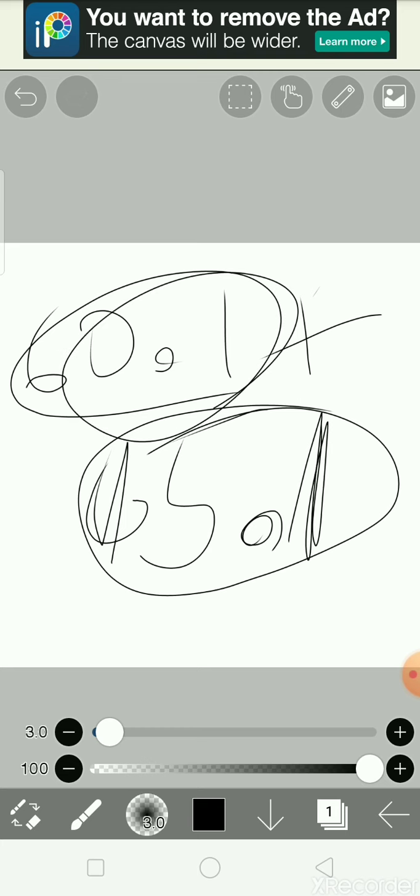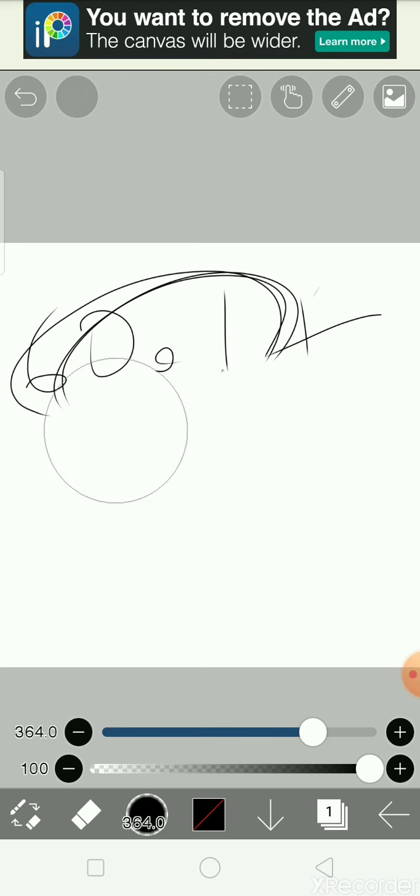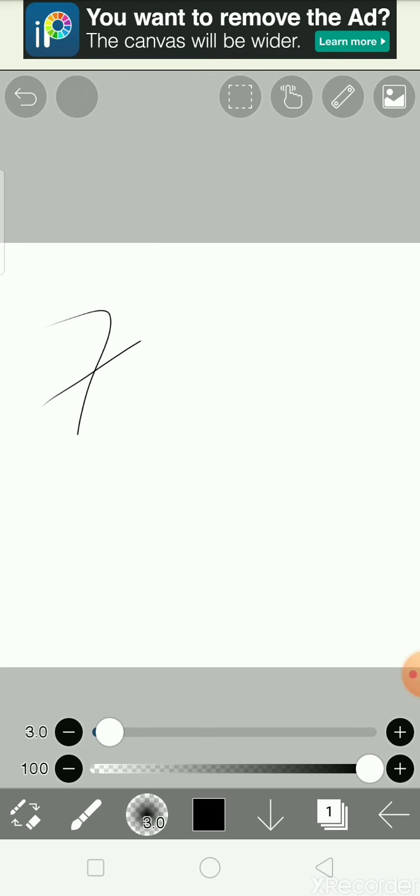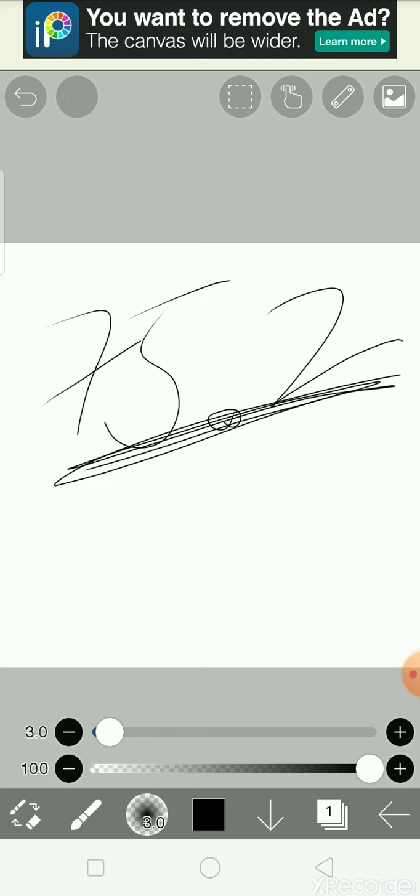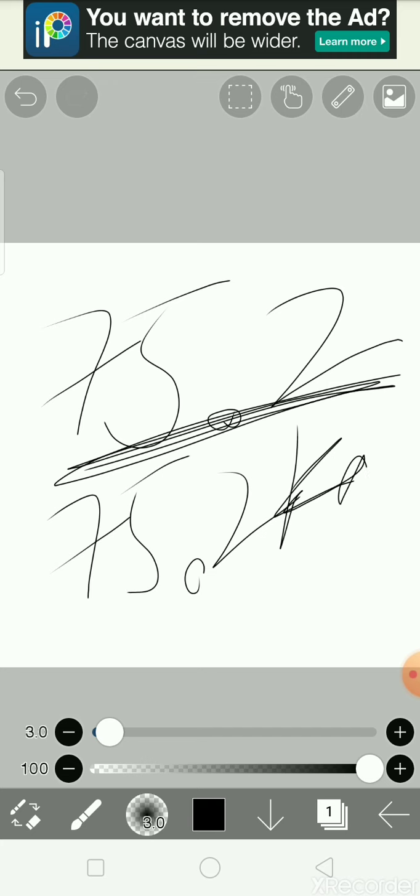If we add both these terms, we get 75.2. So the car Q has traveled 75.2 kilometers, and that's the answer.